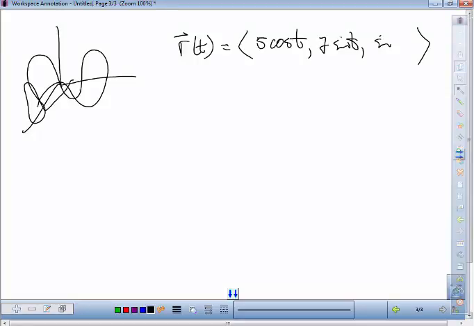To make it a little bit more exciting, maybe we can have it loop a bunch of times before it gets back. So we could do 2 or 4, just some other constant over here. And then the height over here, we can adjust the amplitude. So let's do maybe 4t.